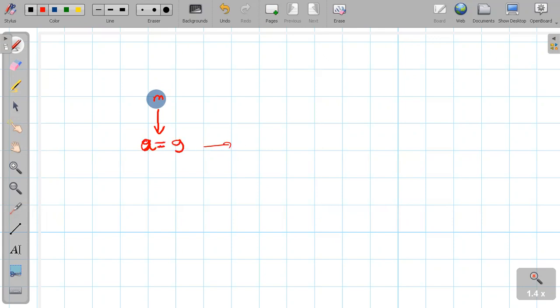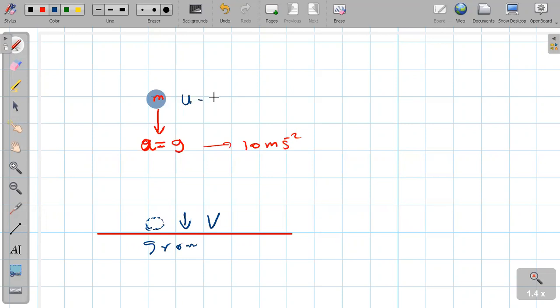The value is 10 m s^-2. It is going to move towards the ground, and it may reach there with some downward velocity v. At the beginning, it started with a velocity of 0.